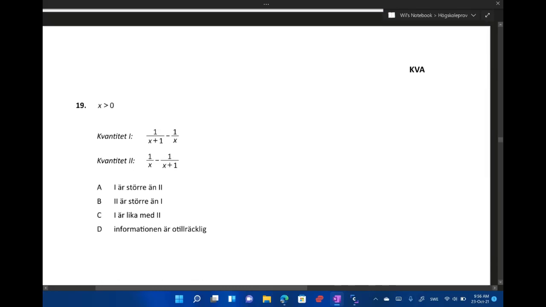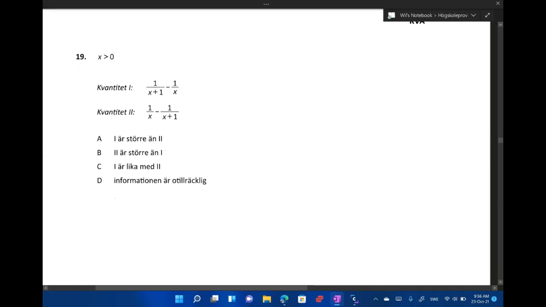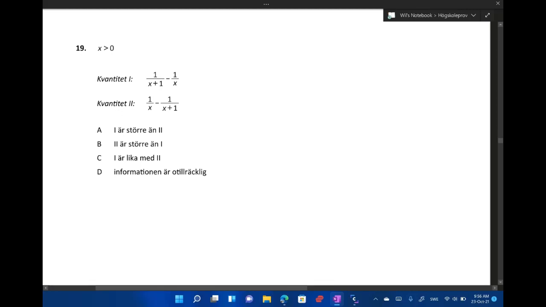All right, number 19. x is greater than 0. Well, then x could equal 1. Let's always use 1 because it's easy to calculate. If x is 1, then we'll solve for this equation. So replace x with 1. 1 plus 1, minus 1 over 1. 1 over 2 minus 1 over 1.